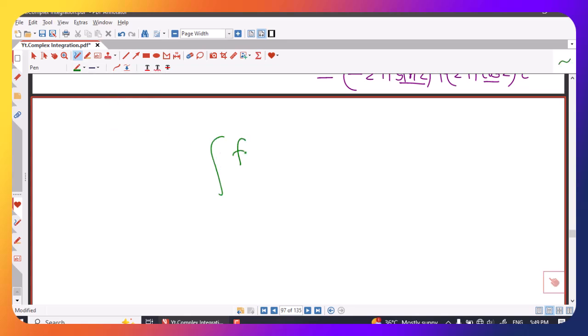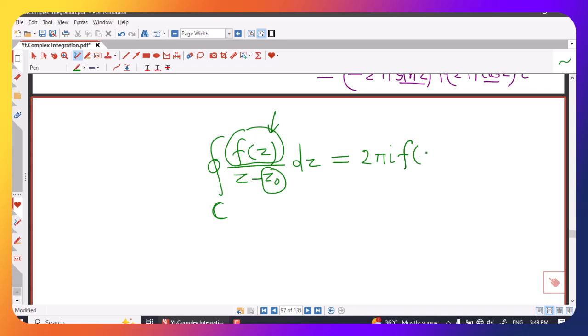If our integral can be written as f of z divided by z minus z0, where C is a simple closed contour, this z0 lies inside C, as well as this function in the numerator is analytic everywhere inside and on this simple closed contour, then this is given by 2 pi i times value of this numerator function at point z0. So this is another tool for evaluating contour integrals.